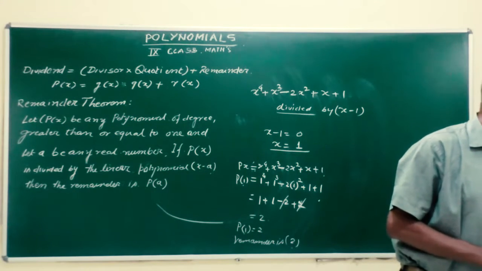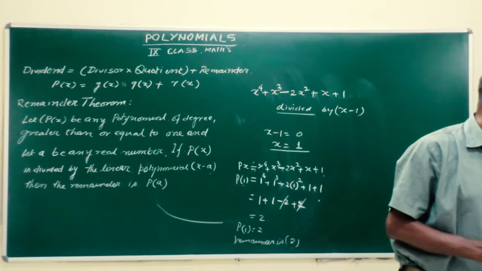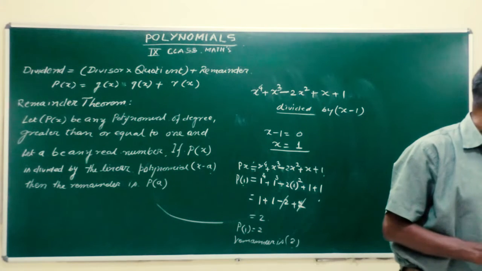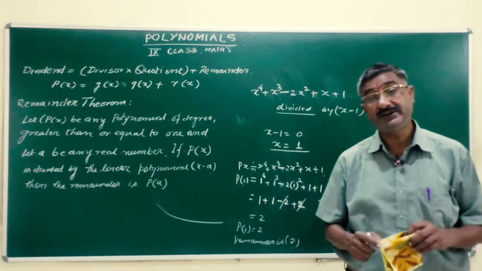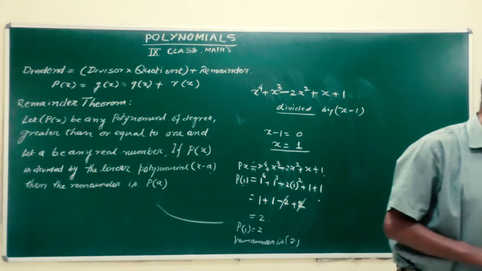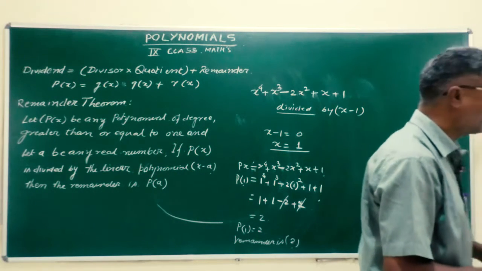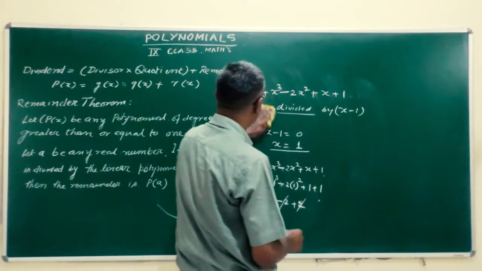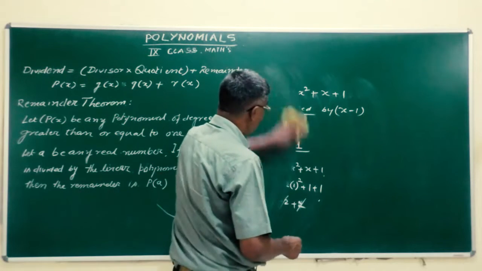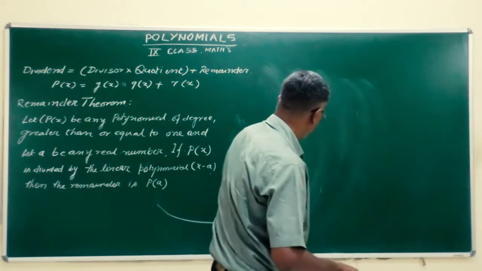Check whether the polynomial is a multiple of 2t plus 1. Multiple of 2t plus 1 means the remainder becomes 0. So q(t) is equal to 4t cube plus 4t square minus t minus 1. Here the variable is t.